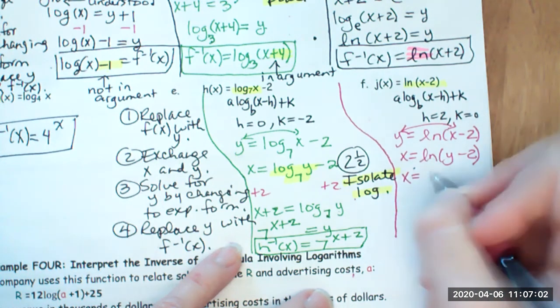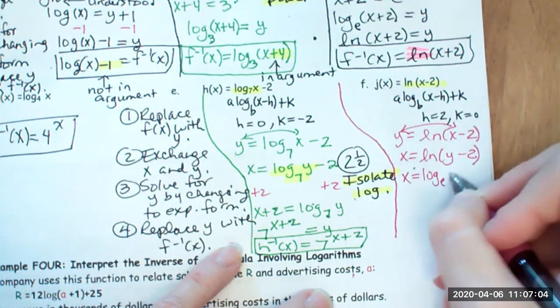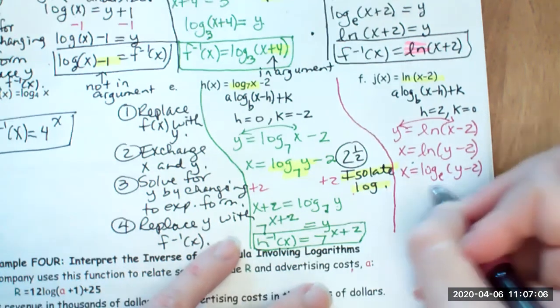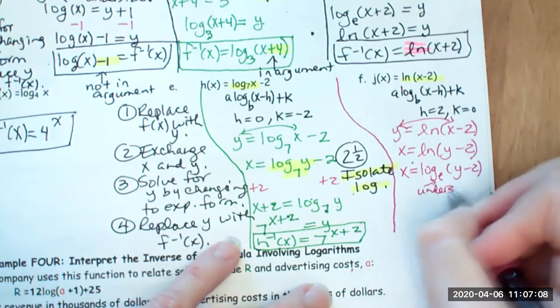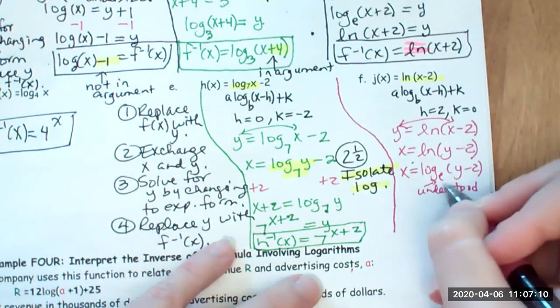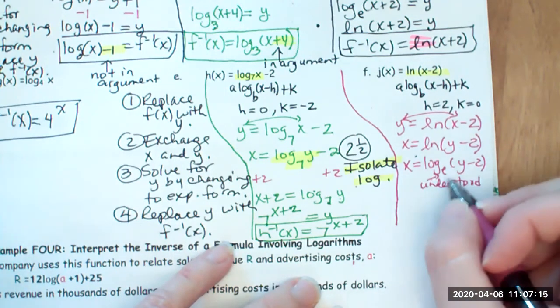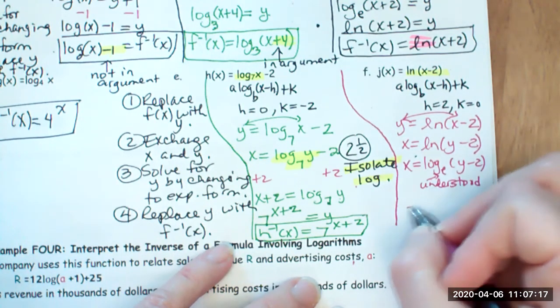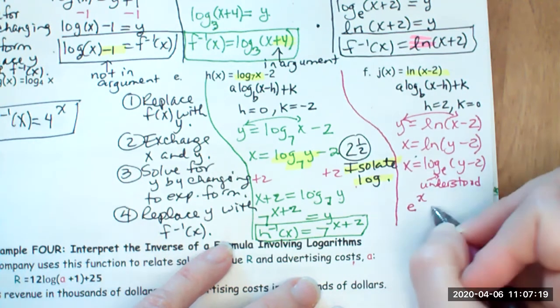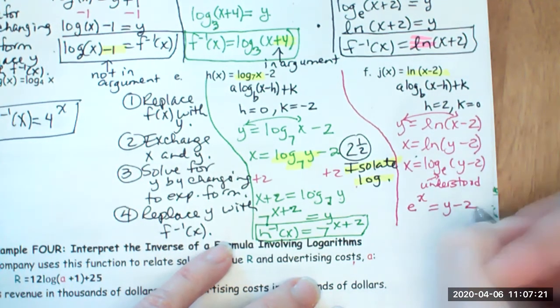So we have x equals log base e of y minus 2. Remember, that is understood, and it's useful to write it in that form to get the exponential equation right. The log is equal to the exponent. So the base is e. So we have e to the x is equal to y minus 2.